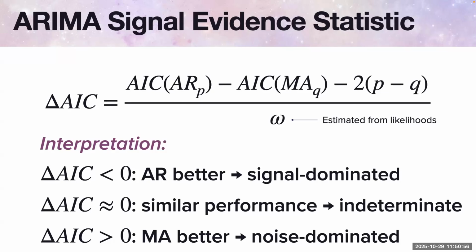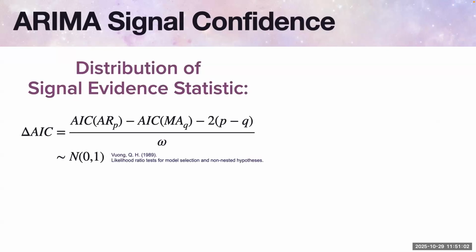In order to statistically say less than, greater than, or equal to zero, we need a distribution of this thing, right? The reason I wrote it this way is that if you do the algebra, plug in the definitions of AIC, subtract, normalize, and scale by a particular value, we know the distribution of this.